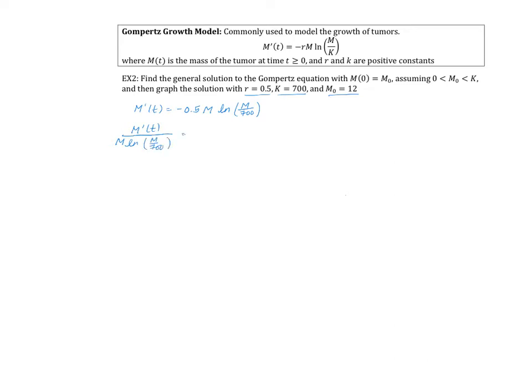So I'm going to leave the constant negative 0.5 on the right-hand side, and then I'm going to integrate both sides to get 1 over M times natural log of M over 700, and this would be with respect to M. On the right-hand side, it's going to be with respect to the variable t.